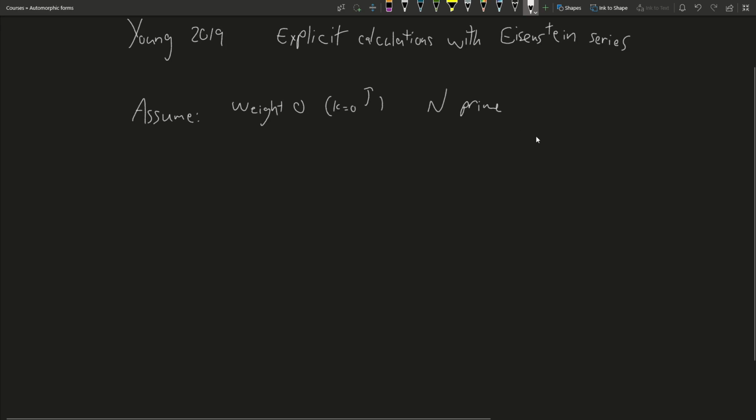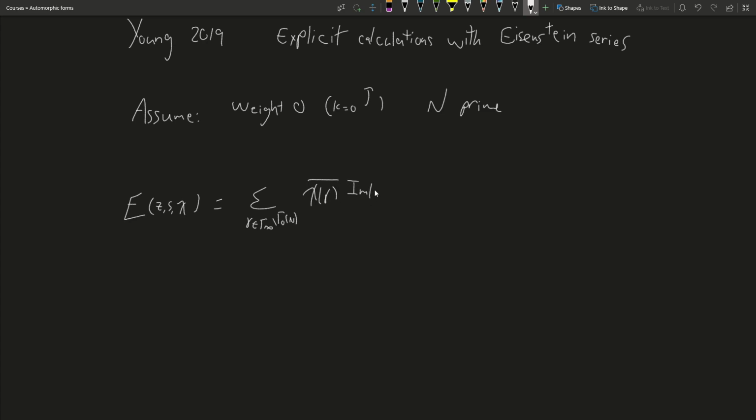So last time we defined this Eisenstein series, E(z, s, chi), as the sum over gamma in gamma naught n mod the stabilizer of infinity, gamma infinity, of chi of gamma, and then the imaginary part of gamma z to the s.